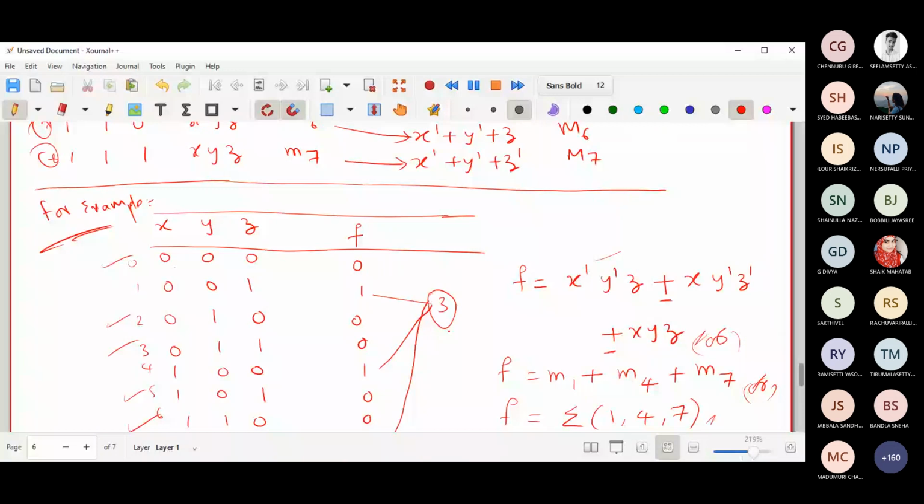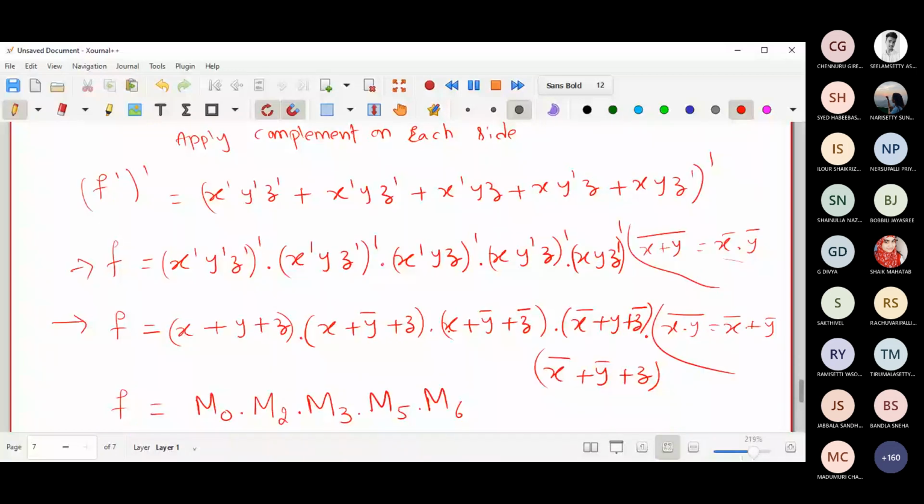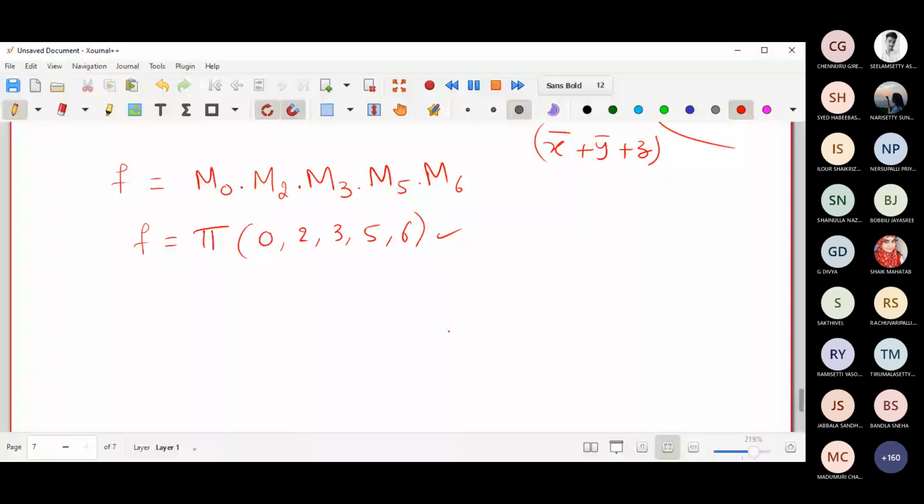Directly the function will be given using min terms or max terms, and we have to simplify those min term and max term functions. So this is the canonical form. Either you can represent it as sum of min terms form or product of max terms form. That is the canonical form.